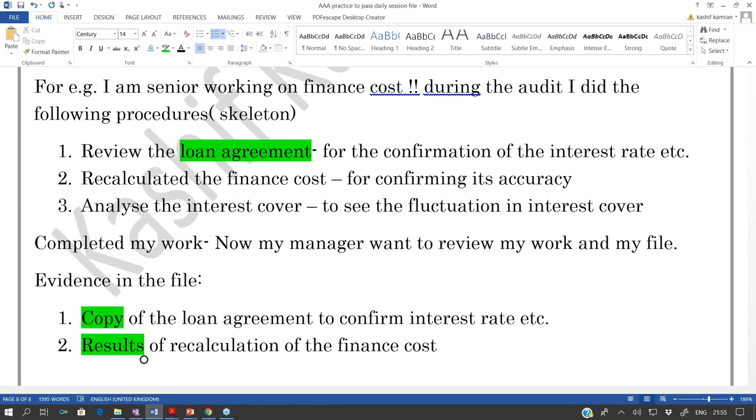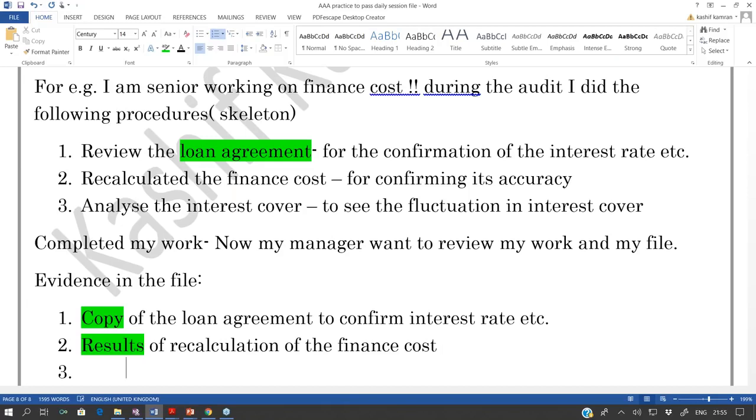Then you analyze the interest cover, right? Now, obviously, if I have analyzed the interest cover, I must have made my working paper for analyzing. I must have shown on my working paper the interest cover of the last year and the interest cover of the current year, where my manager can see both, and he must see my comments under the interest cover.